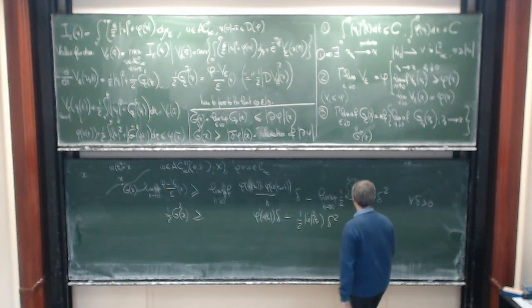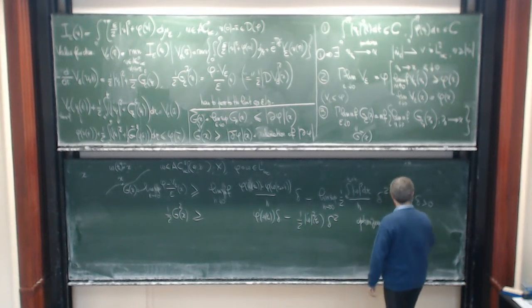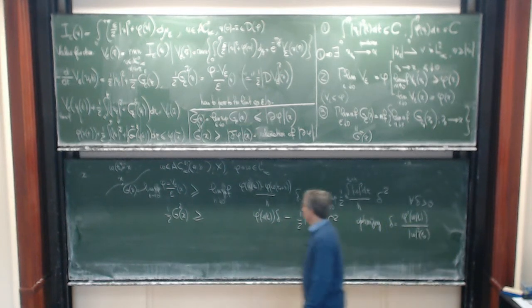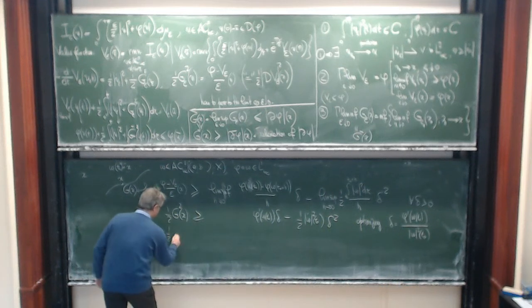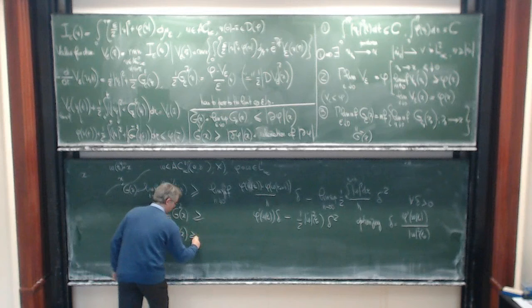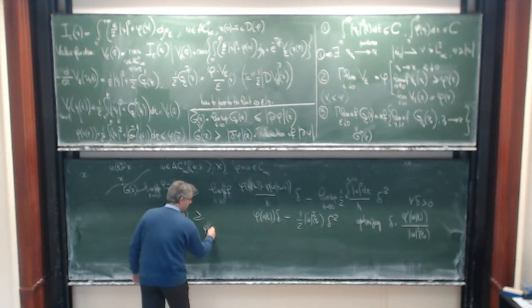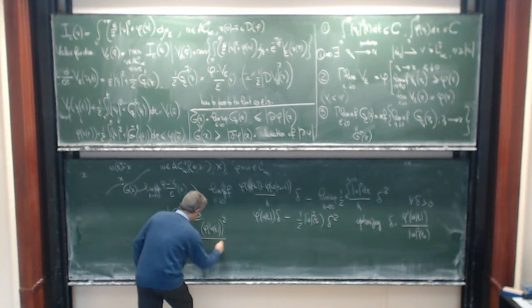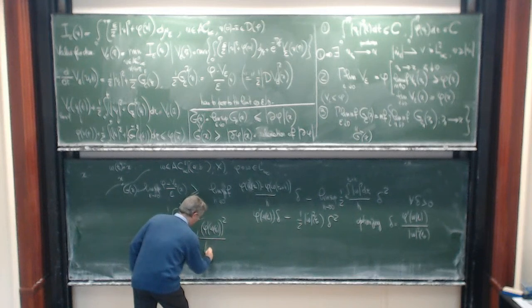Assuming that this quantity is positive and optimizing with respect to delta, so choosing delta equal phi prime of w of t0 divided by the metric velocity at t0 square, you get here that 1/2 g square of x is always bounded by the derivative of w at t0 square divided by 1/2 the metric velocity of w at t0 square.